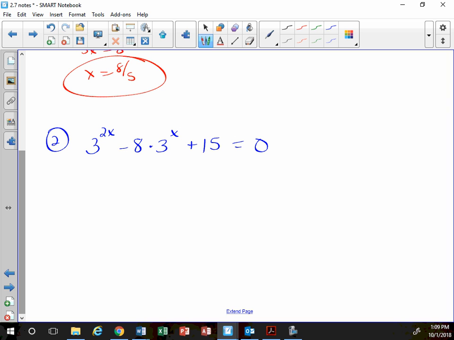There should be 2 answers on this one. This negative. Right. And then you actually need to solve for x.